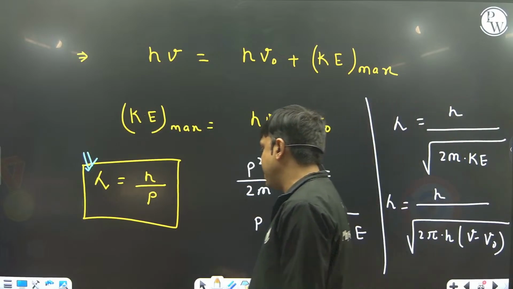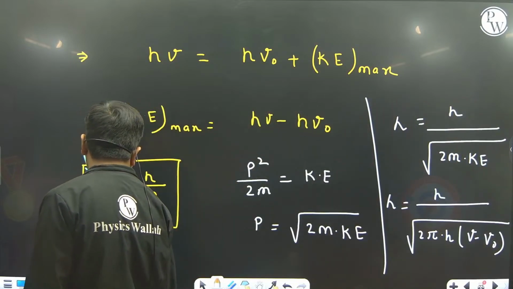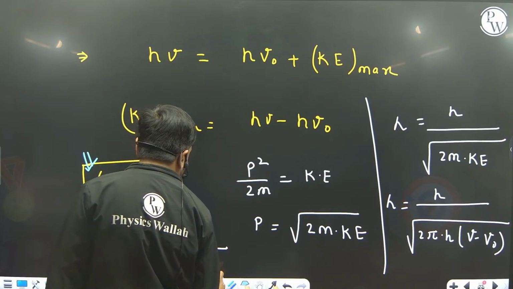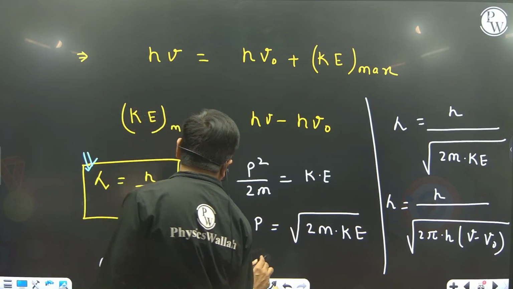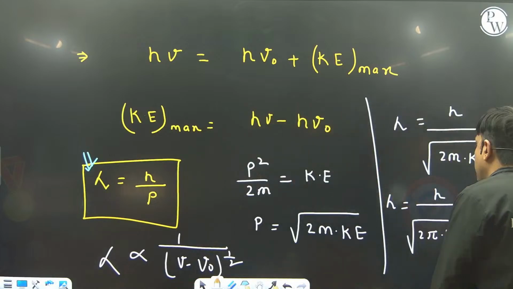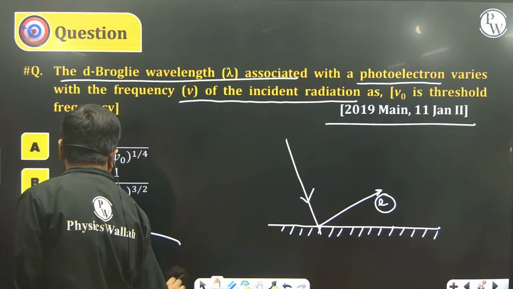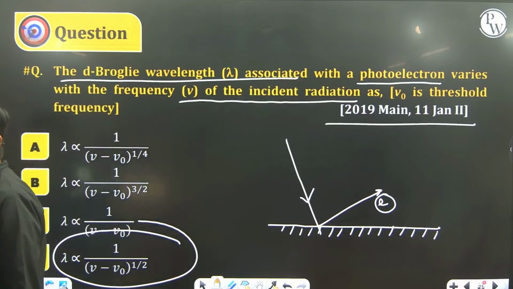So this lambda is inversely proportional to nu minus nu naught to the power 1 by 2. D is the correct answer. D is the correct key.